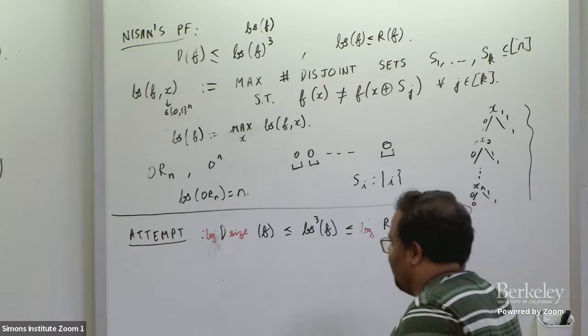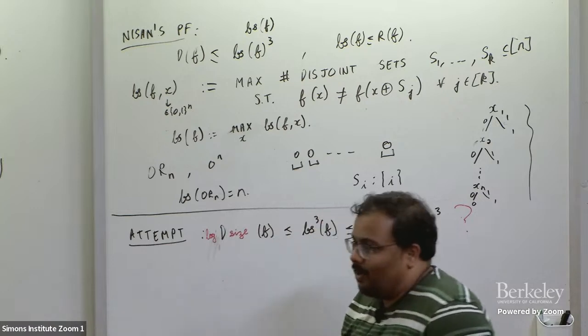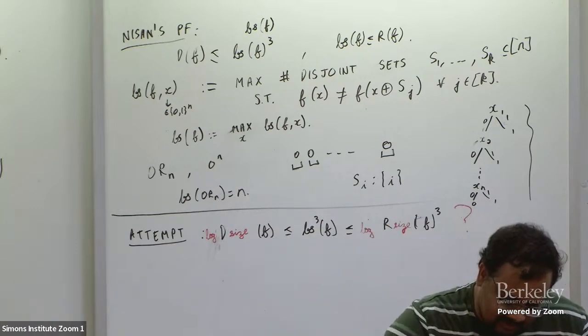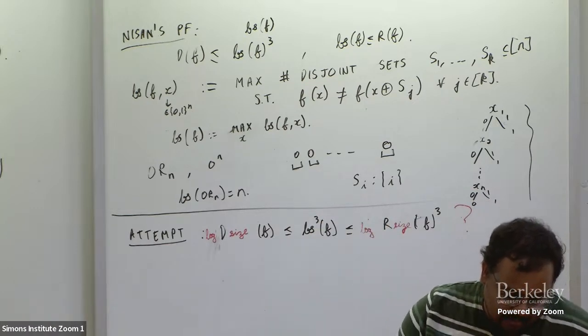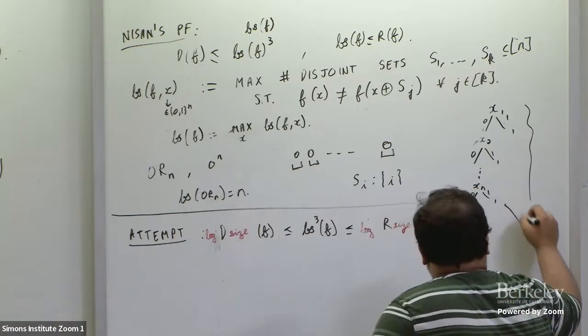And what we do to get around that is we define this analog of block sensitivity, which is a counting analog, which we're going to call block number. So this fails.